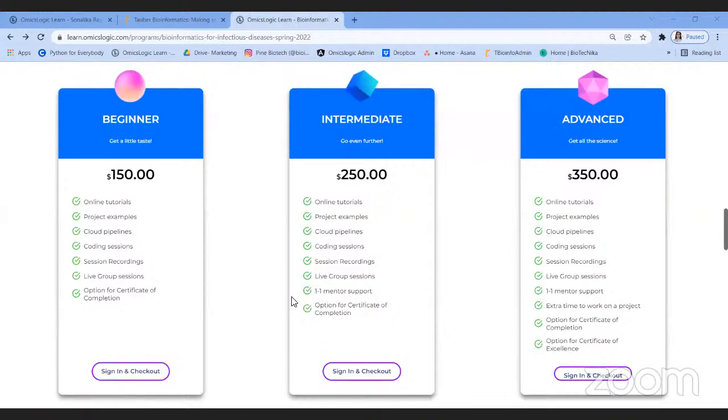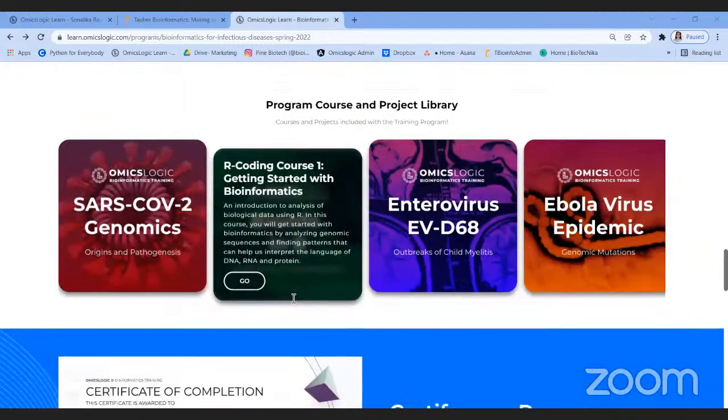When you scroll down, you will also get the list of program, course, and project library that includes the associated coursework you are supposed to go through as a part of the program, which includes Omics logic courses and example projects. These help you understand how the key concepts, methodologies, and pipelines you went through could be applied to answer a real-life research problem and get some hands-on practice.